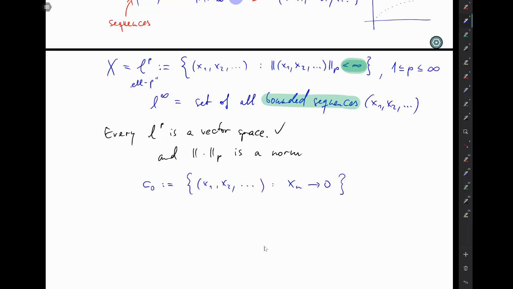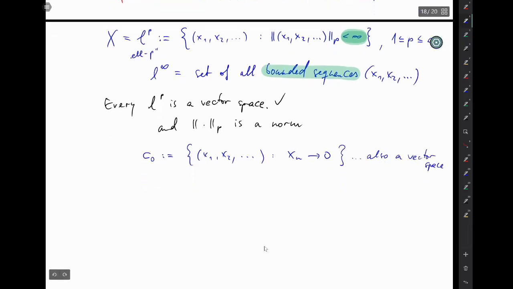And again, the sum of two null sequences is a null sequence. Alpha times a null sequence is a null sequence. So also this turns out to be a vector space.